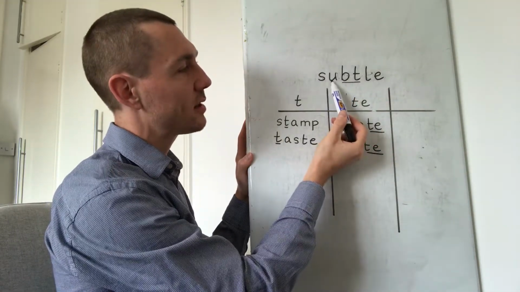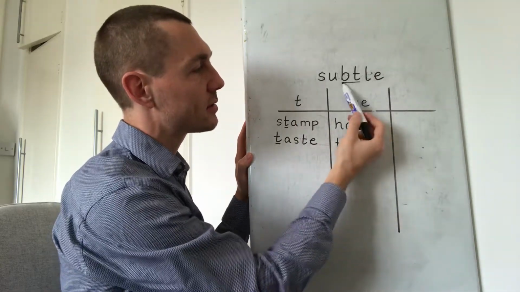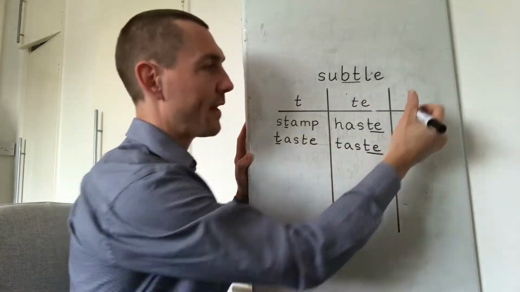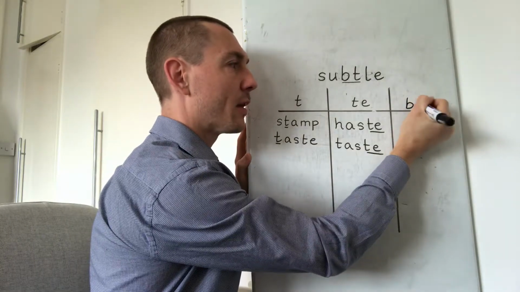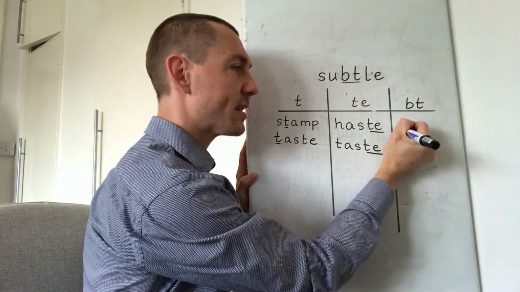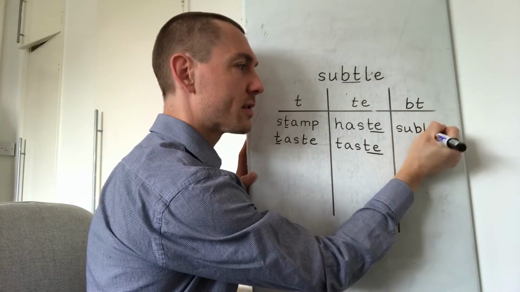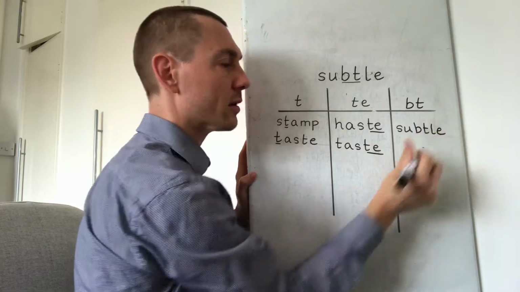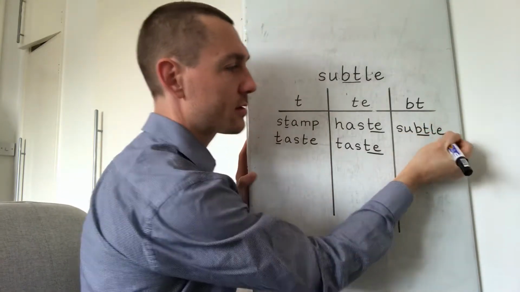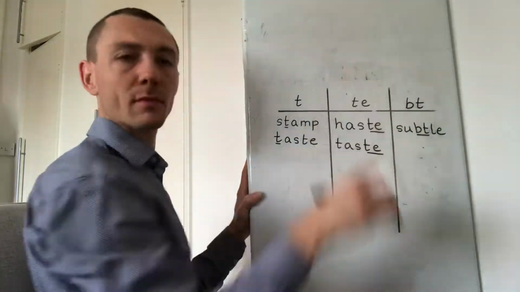Sa, t, ul, sa-tul, and that's our third spelling, the BT spelling of the t sound. We say sa, t, ul, sa-tul, subtle. Good, good.